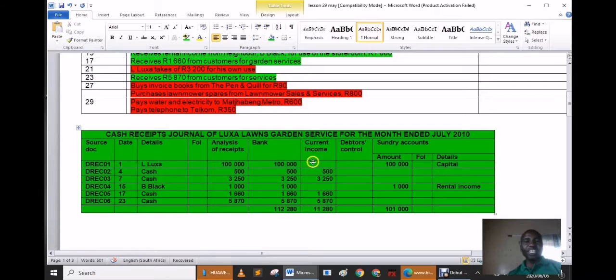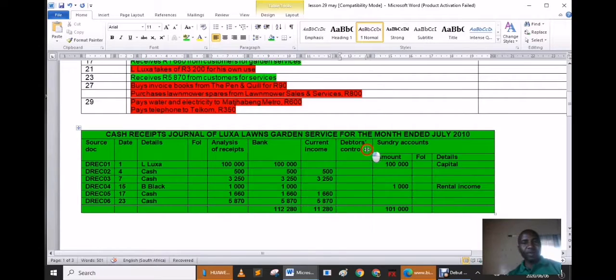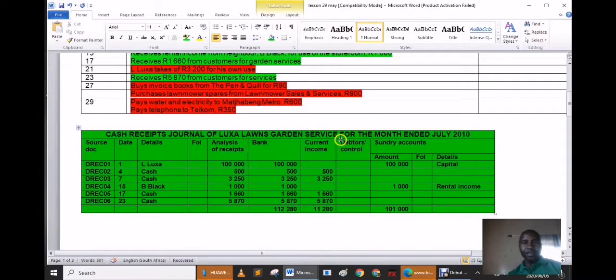Then we check any other column that is going to be affected. We cannot put this amount as current income because this is not money that was earned by rendering a service. We did not receive this money from anyone who was owing us.